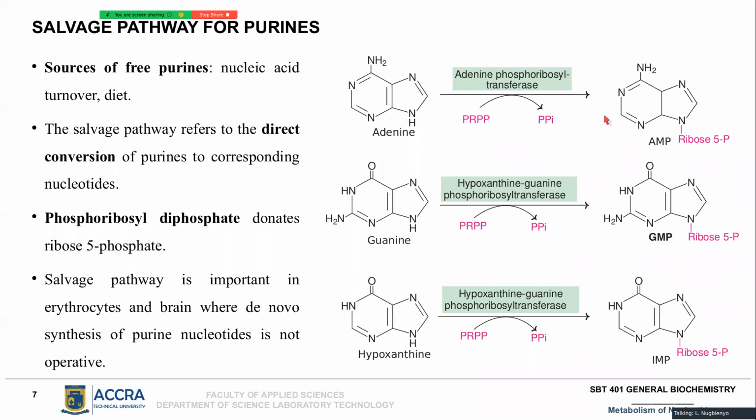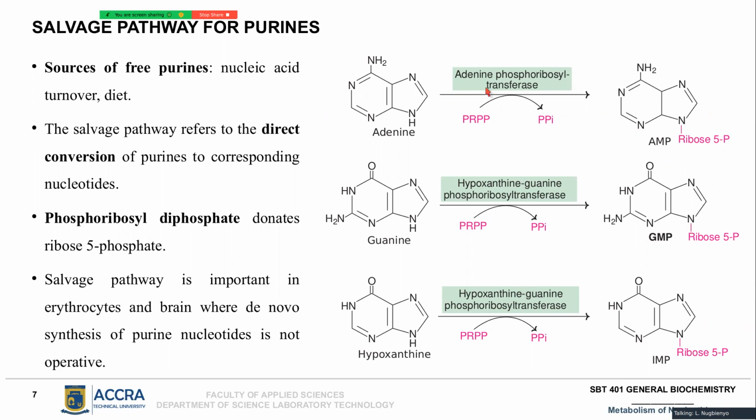Now, if you have that base getting conjugated on a ribose 5-phosphate, which is produced from the pentose phosphate pathway, that is simple. And that is a form of recycling of these molecules, and it is referred to as the salvage pathway. So you see here first, you see adenine, which is getting conjugated onto the ribose 5-phosphate to give you adenosine monophosphate.